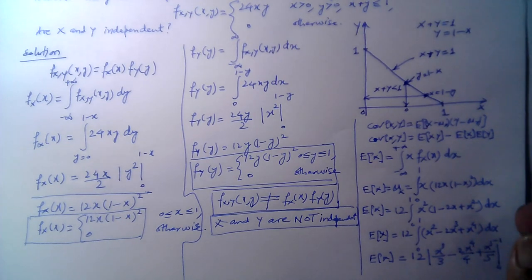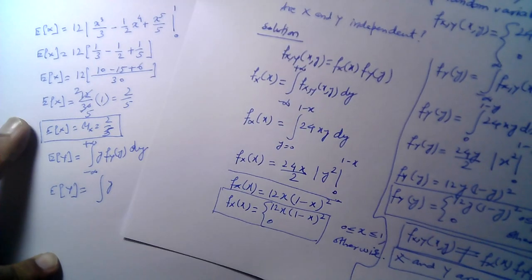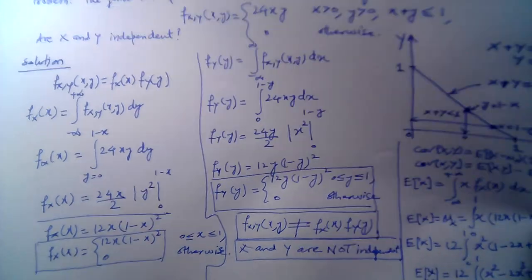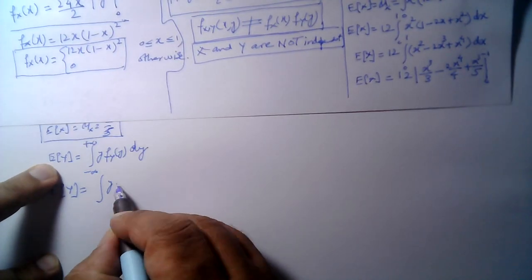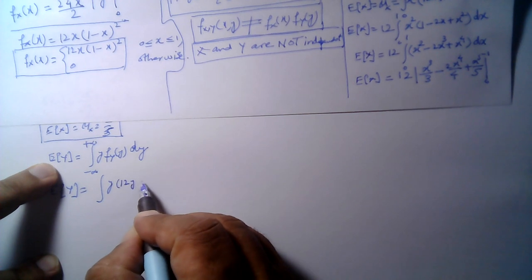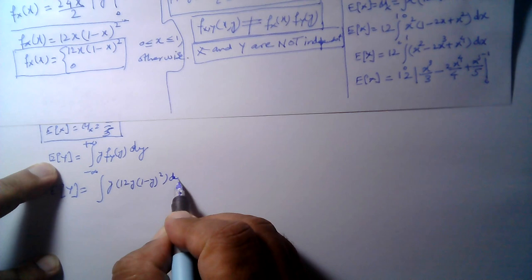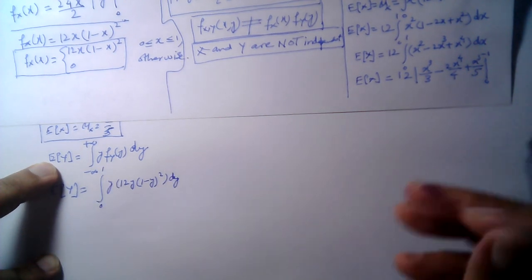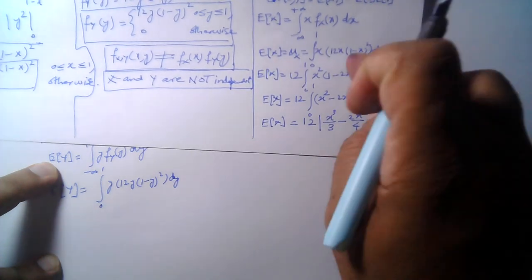So we are now evaluating an integral similar to the one we have already evaluated, right? So let me write it down here: y times 12y into 1 minus y square dy from 0 to 1. This is the same integral that we wrote here, right?